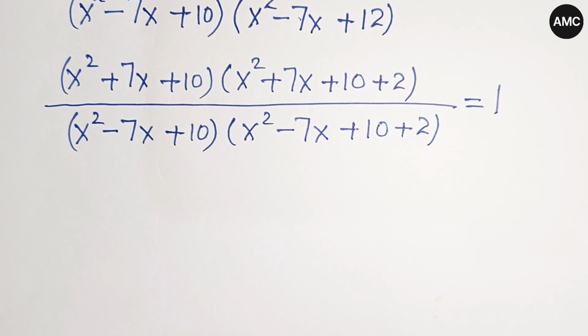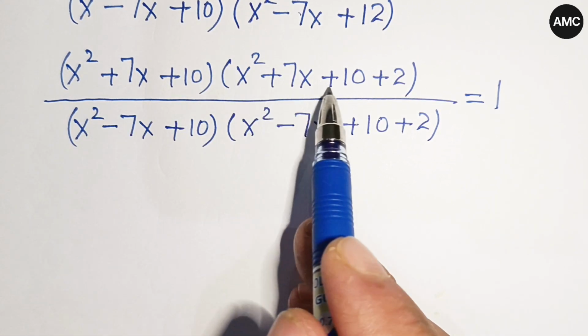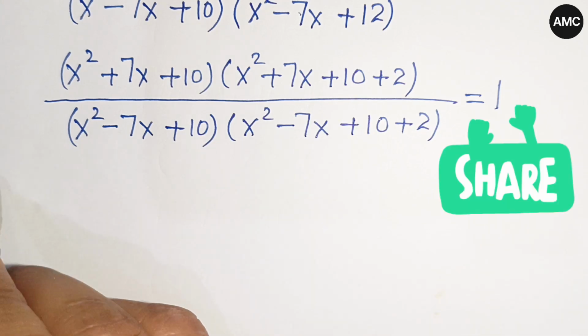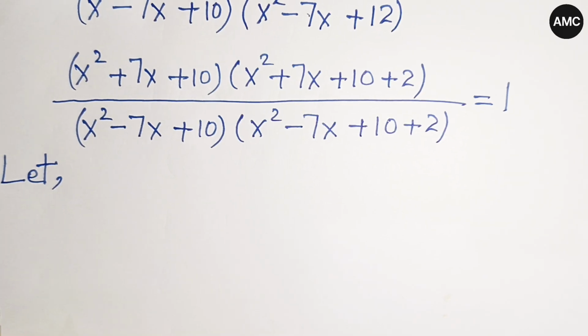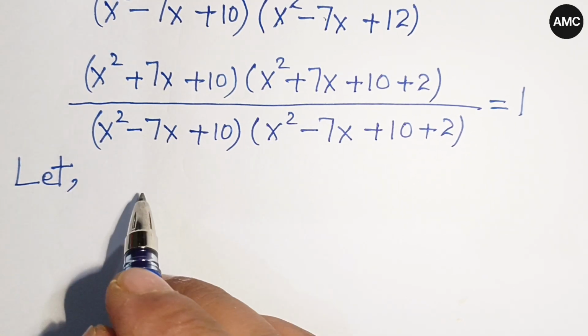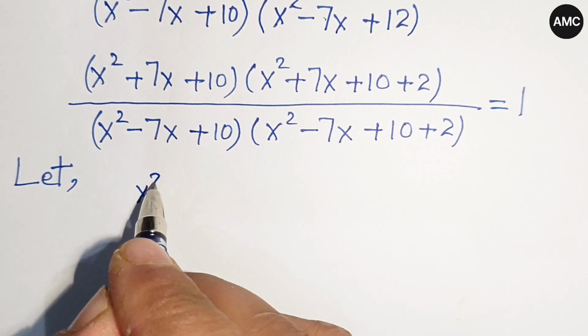So next step, x squared plus 7x plus 10 appears in both places. Let us suppose that x squared plus 7x plus 10 is equal to a.